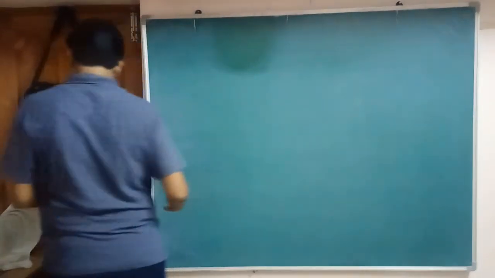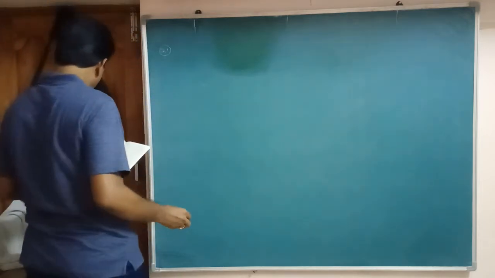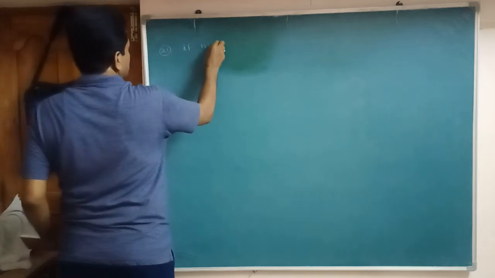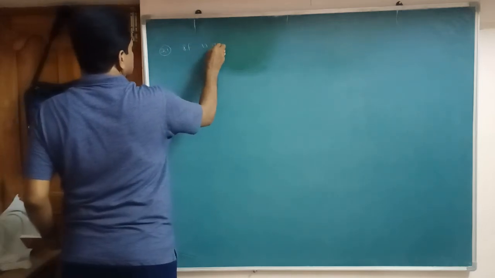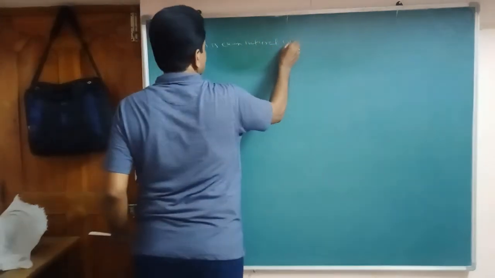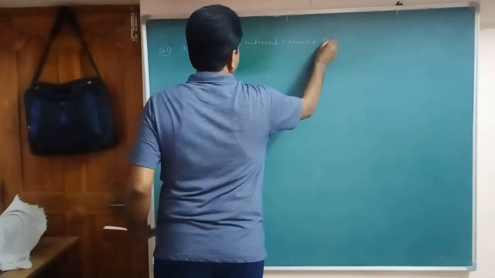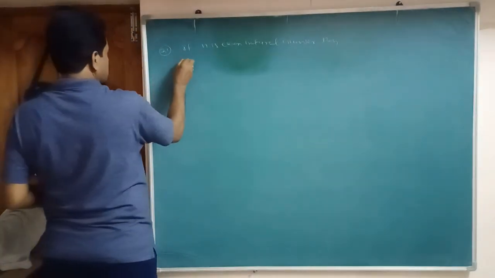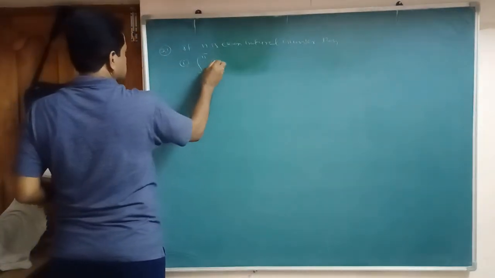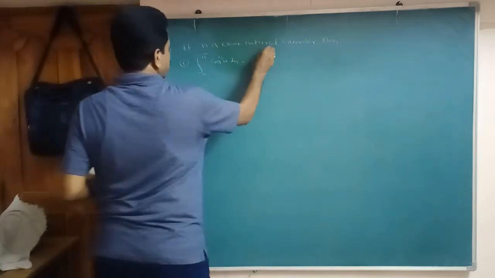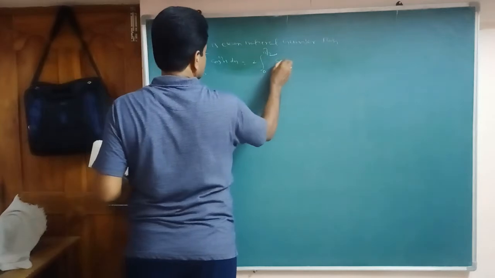Next one, if n is an even natural number, then first one, integral 0 to pi cos power n x dx equals 2 integral 0 to pi by 2 cos power n x dx.